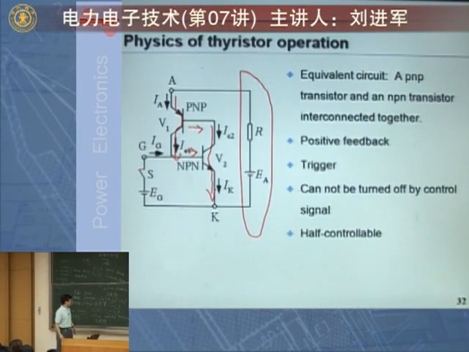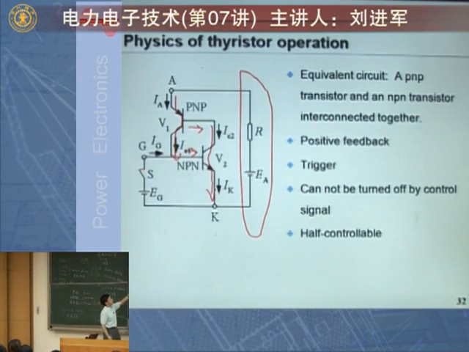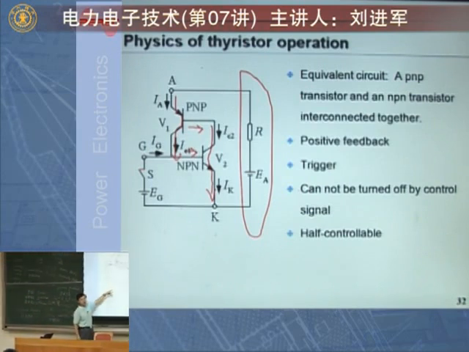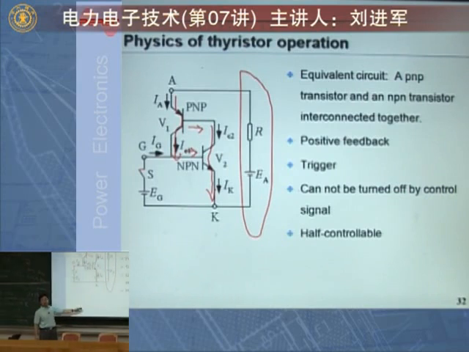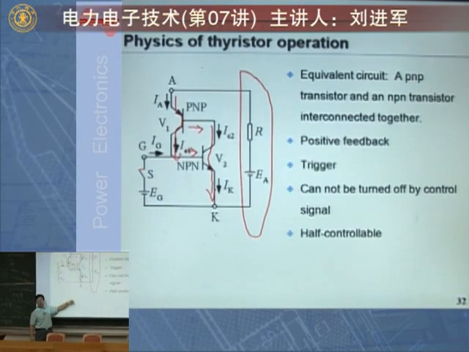So therefore, when we apply a positive voltage between A and K and inject gate current to the thyristor, this thyristor will have a very large current flowing through. Just like between A and K, you have very large current and the voltage is very small.